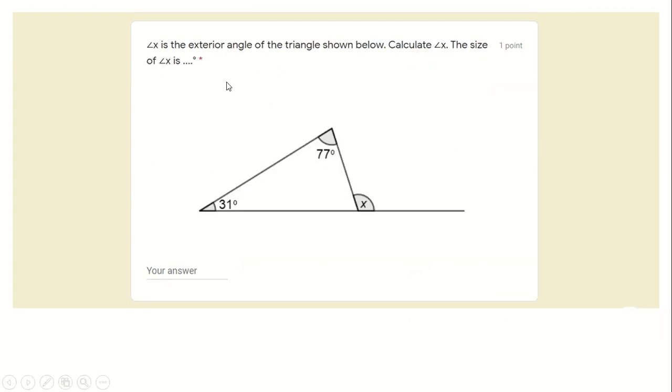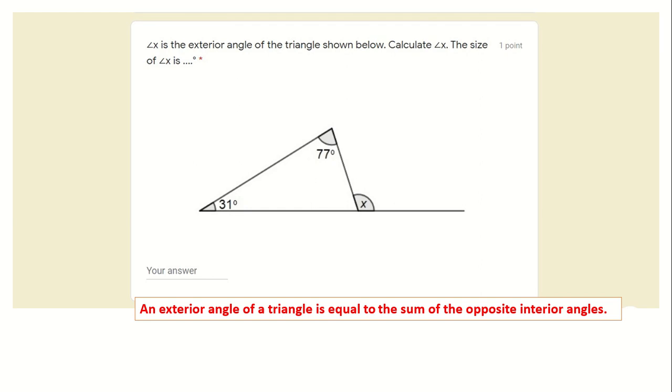Next, angle X is the exterior angle of the triangle shown below. Calculate angle X. The size of angle X is blank degrees. Let me remind you, this X is an exterior angle, and an exterior angle of a triangle is equal to the sum of the opposite interior angles.